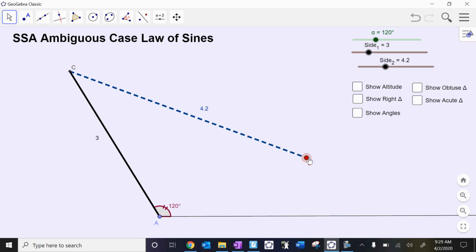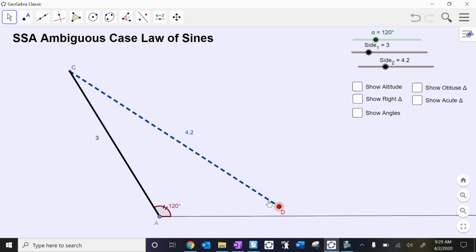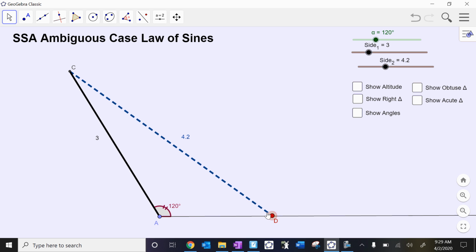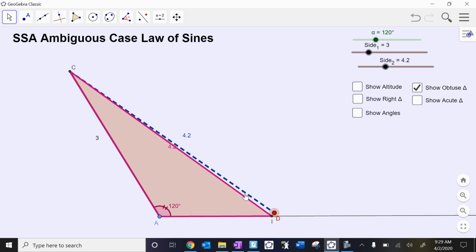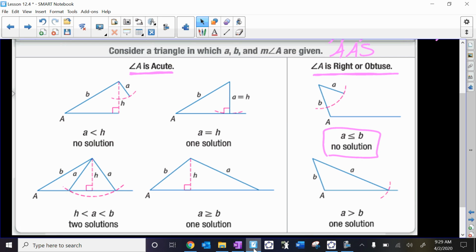This side still rotates freely, but this time I can actually make it hit that bottom line down there and form a triangle. There's my triangle, and you can see that it produces one solution. Even though I can continually rotate this, I'm not going to be able to make another triangle out of this. So I'm only going to have one solution, which makes up your bottom scenario. If a is bigger than b, you get one solution.